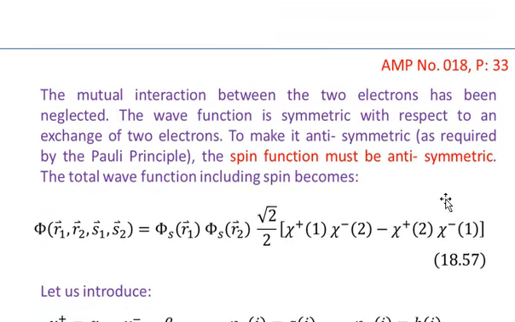The wave function is symmetric with respect to an exchange of two electrons. So you see that we have written symmetric wave functions, and here we are assuming that the wave function is symmetric with respect to an exchange of two electrons. But in reality, the wave function must be antisymmetric.